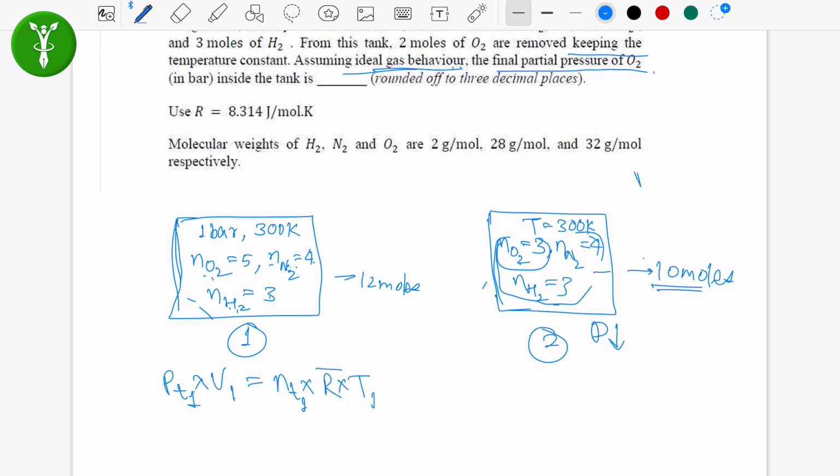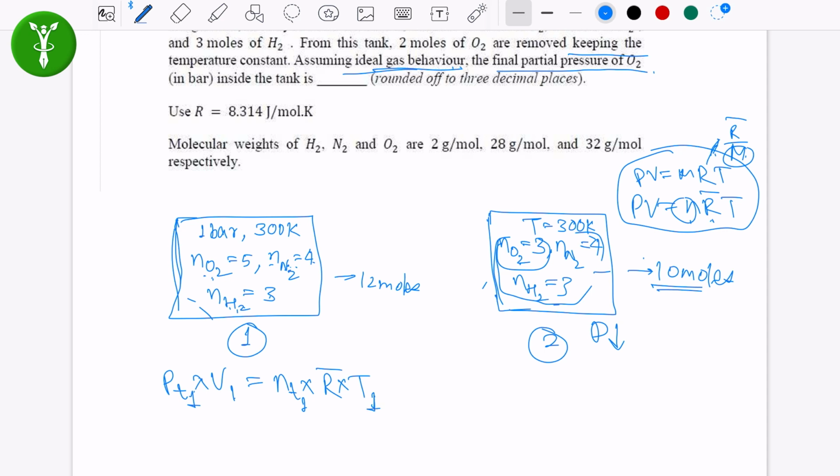This formula you know, PV equals mRT or equals nR bar T. Here R bar is the universal gas constant, and this R is the characteristic gas constant. If we write m as m divided by the molar mass, mass divided by molar mass will become the number of moles.